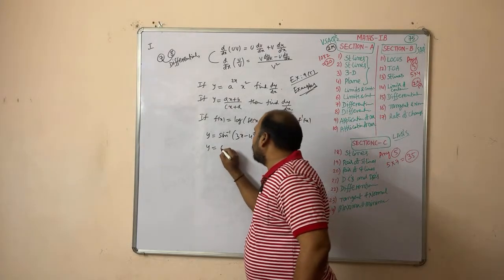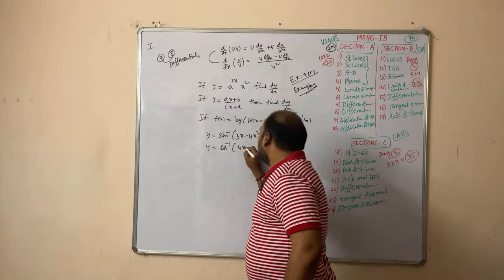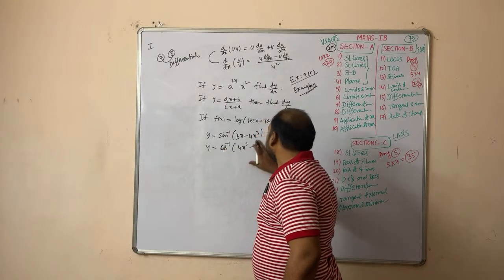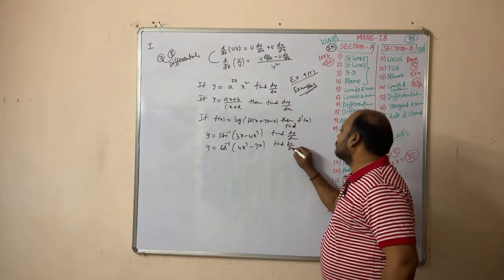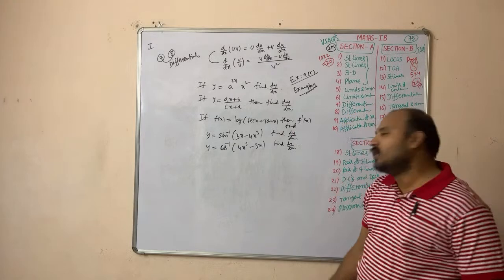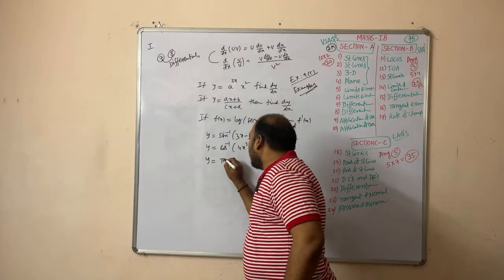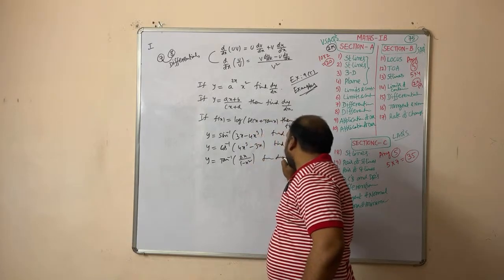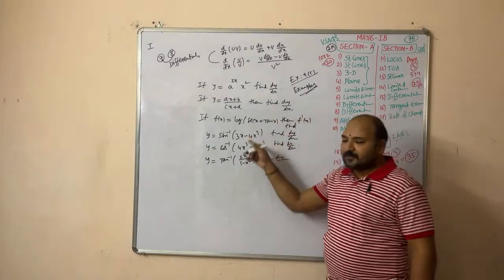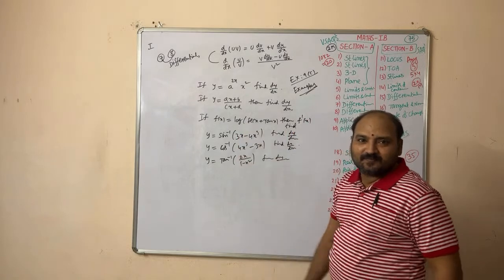Similarly, y is equal to cos inverse of (4x cube minus 3x), find dy by dx. Some questions: y is equal to tan inverse of 2x by (1 minus x square), find dy by dx. These are called the substitution method of differentiation.